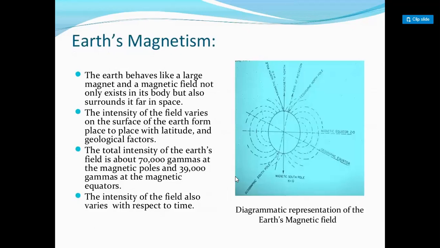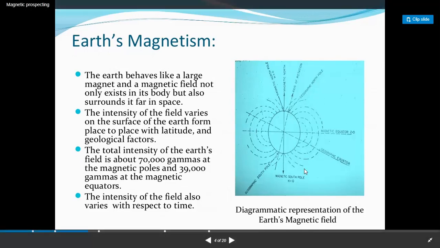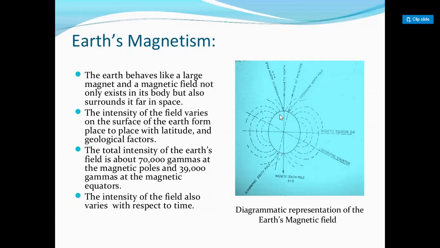Here, Earth's magnetism. The Earth behaves like a large magnet, and a magnetic field not only exists in its body but also surrounds it far in space.